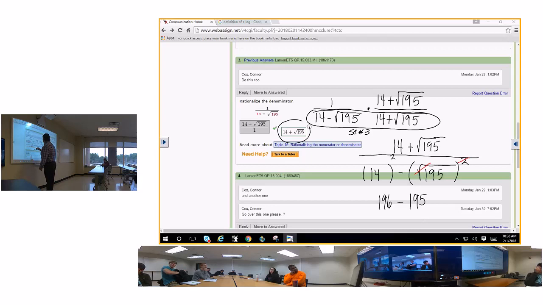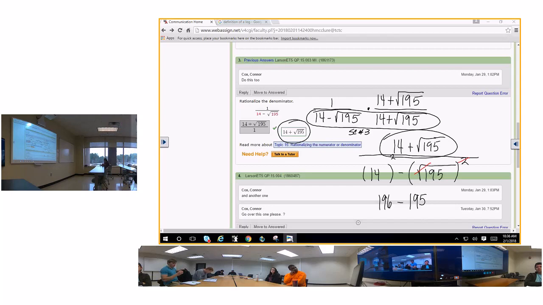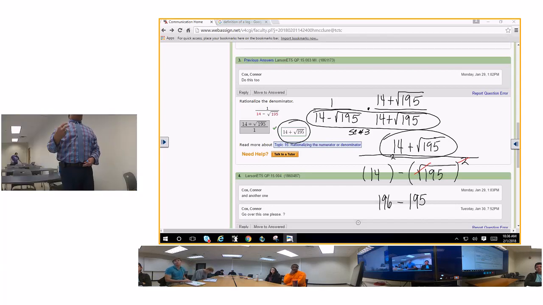So your answer is your numerator right there. We've rationalized the numerator in your notes, we've rationalized the denominator in your notes, and we've rationalized the fourth root, the fifth root, the seventh root in your notes. So I think we've covered rationalizing real good.